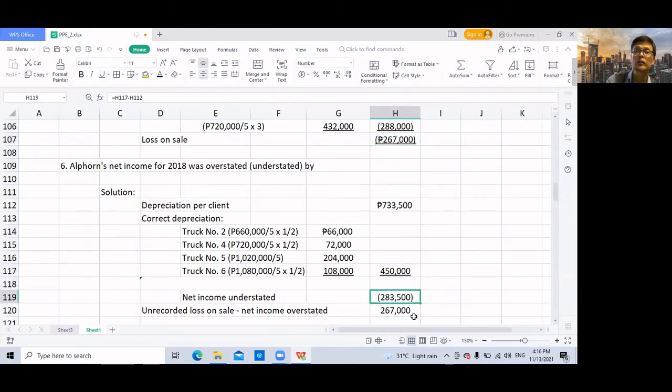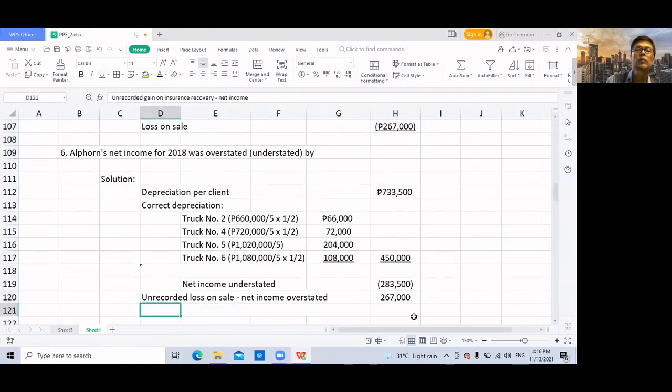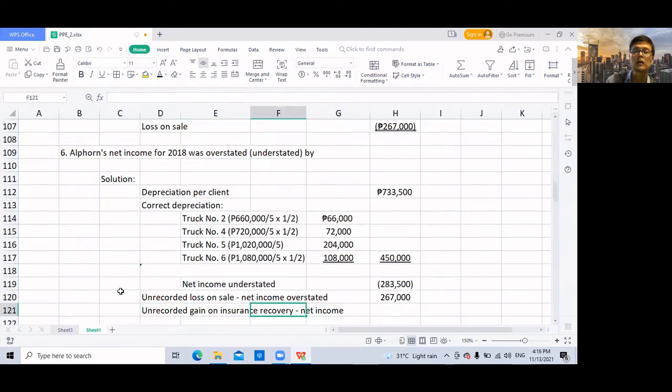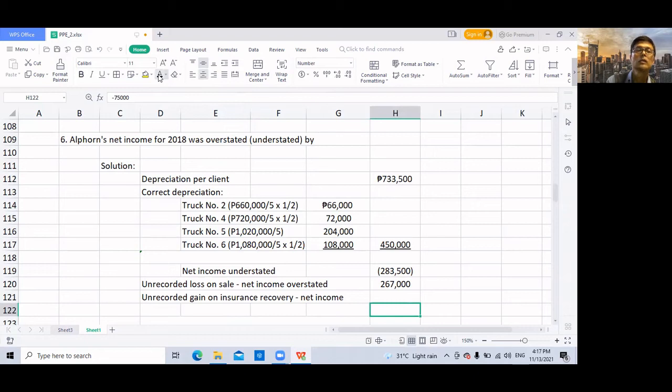That was unrecorded. And then followed by yung unrecorded gain on insurance recovery dun sa truck number 4, which is nakakuha pa ng 75,000. So which is also understated, nag-understate yung net income niya kasi hindi natin na-record yung insurance.